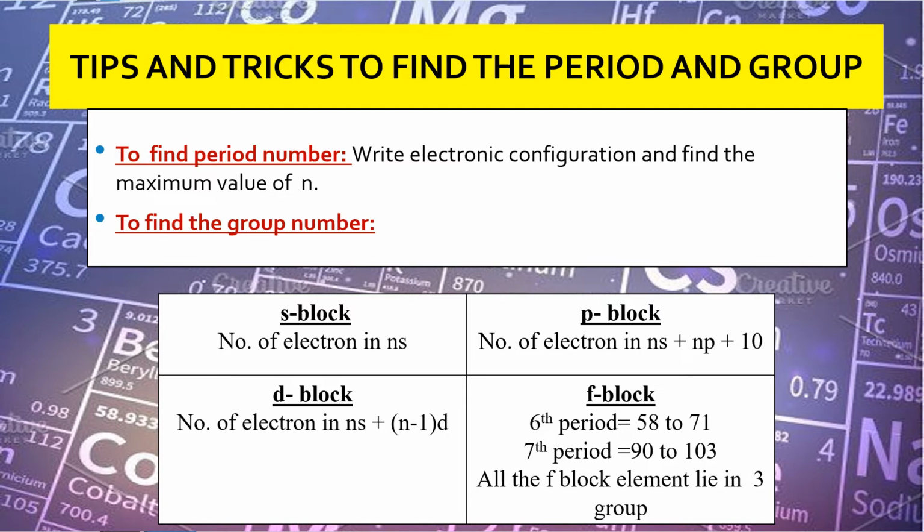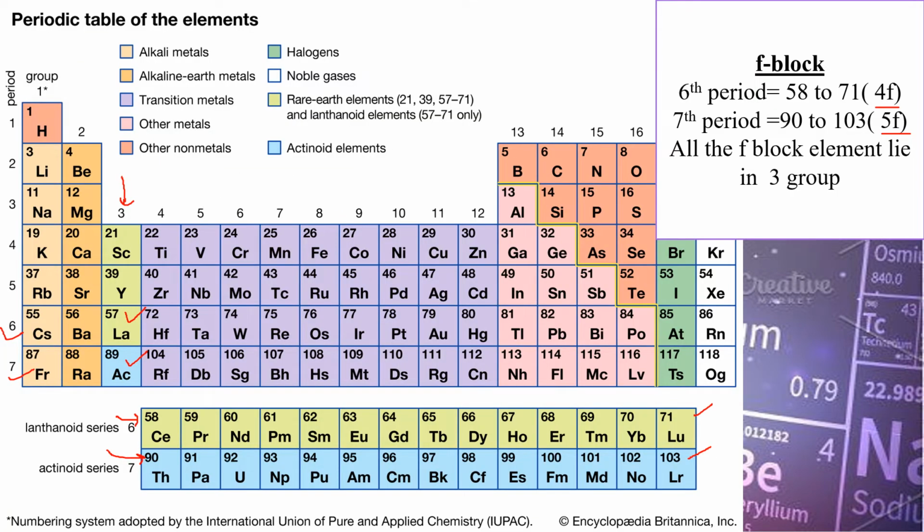Now if it is an f block element, either in the 6th period or 7th period, all the f block elements lie in the 3rd group. What does it mean? Here you can see the lanthanide series starts after lanthanum, after 57, that means from atomic number 58 to 71.